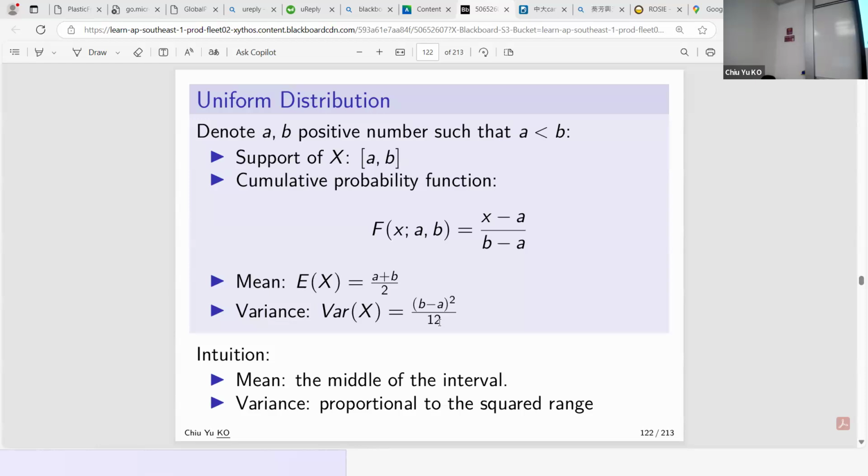There's no obvious reason, but if you look at the calculus, you integrate, and it is easy to see why this is the case. But I don't want to bother you with that. It means that the bigger the range, the larger the variance. Not surprising, because variance measures how concentrated the data is. You need to know this formula, and that's the only thing we need. So this is the slide that you need to remember. Uniform means every interval is the same.